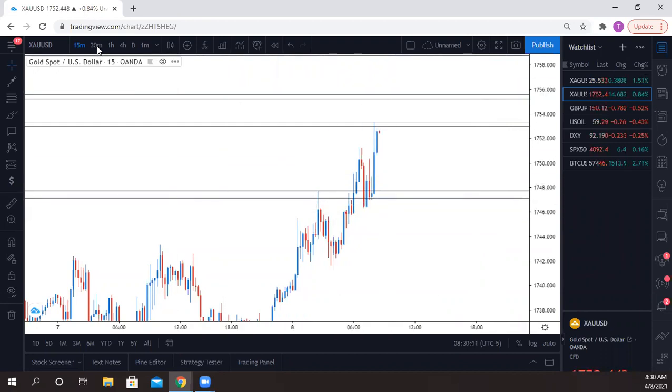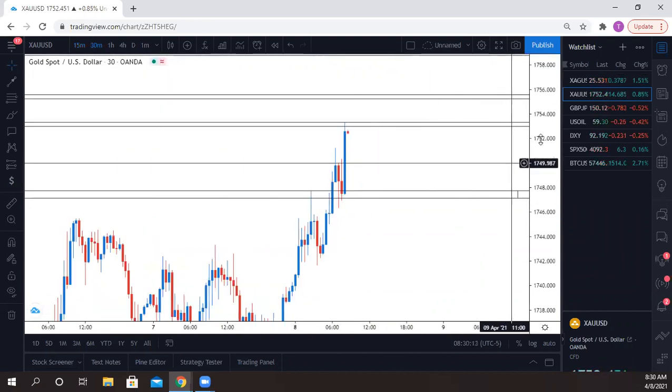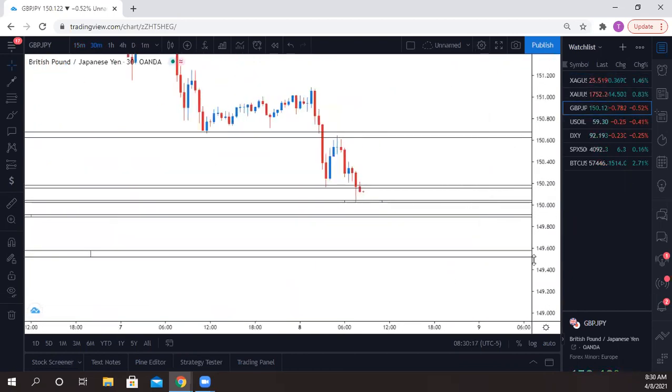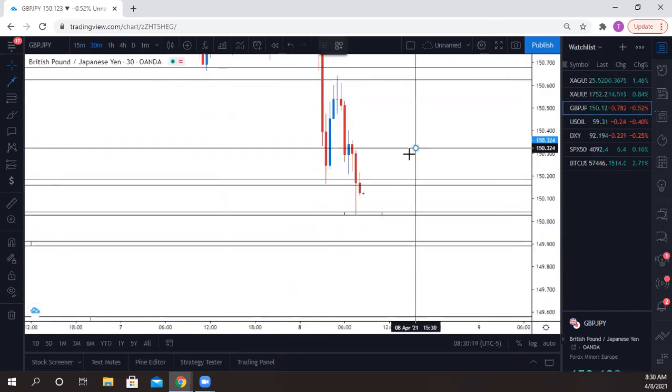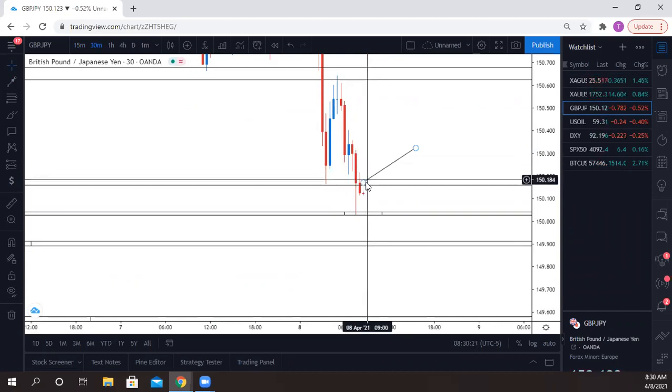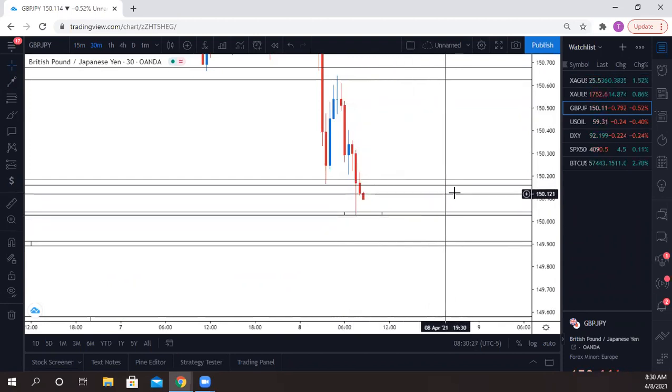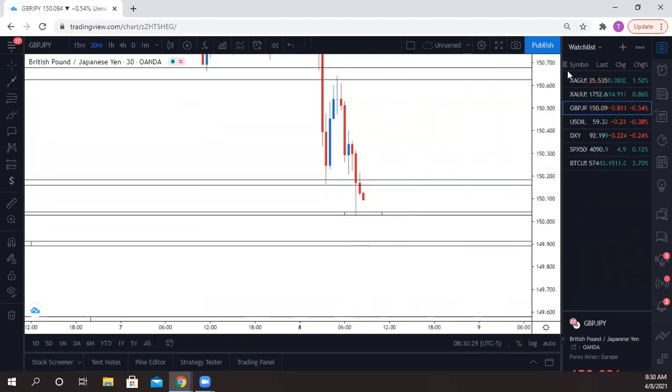So 8:30 here now. The new 30-minute candle just started. Ooh, look at this bearish close on this 30-minute candle on the pound. Maybe this next one is going to break it, since it's been pretty slow, and that'll give the second chance for the next entry.